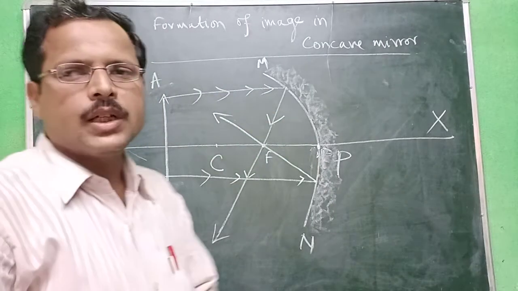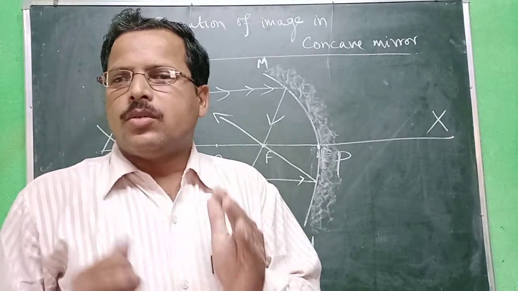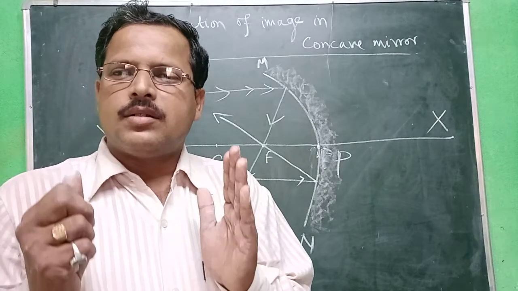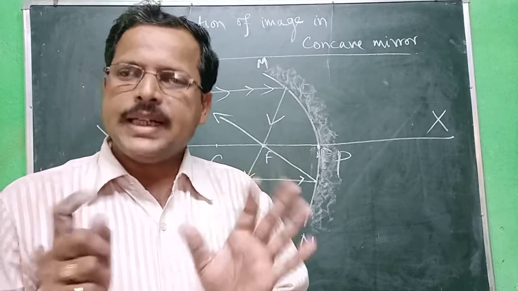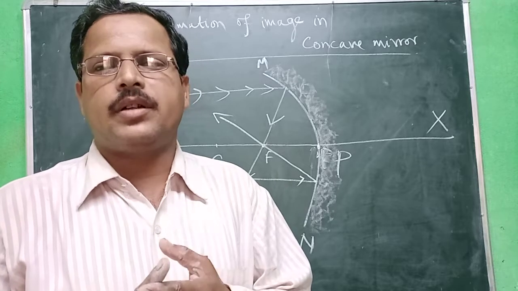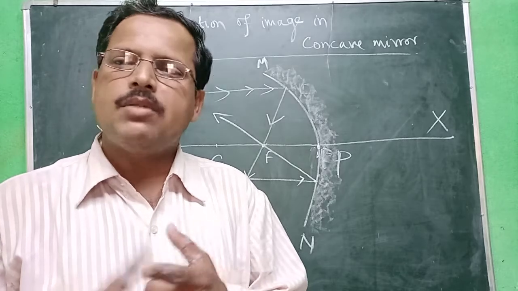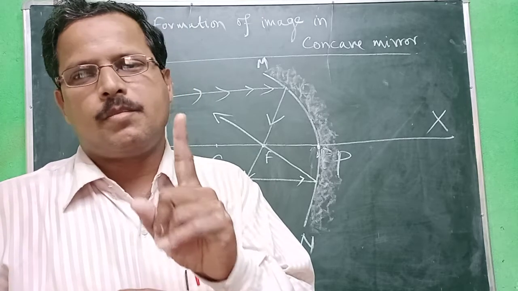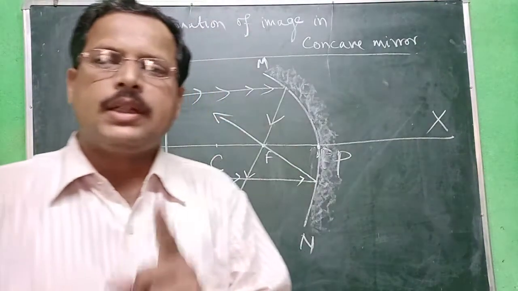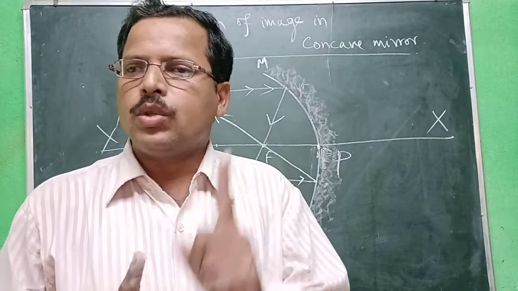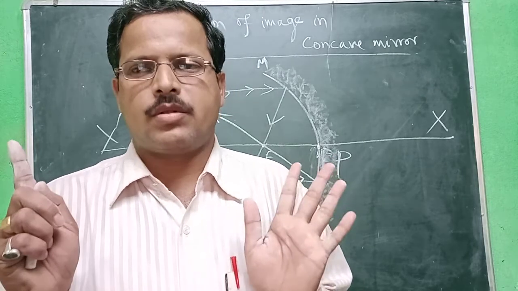Now see what happens here. We see the image at the meeting point, the intersecting point where the two reflected rays meet each other. Point to be noted: where is the image produced? The point at which two reflected rays intersect, there the image is produced.